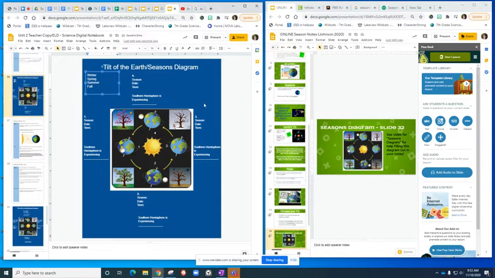Then the other thing that we're going to be doing here is putting in the dates of when these seasons happen. And the dividing line for these different seasons, we can look these up on the internet. You can do that to figure out when these are.